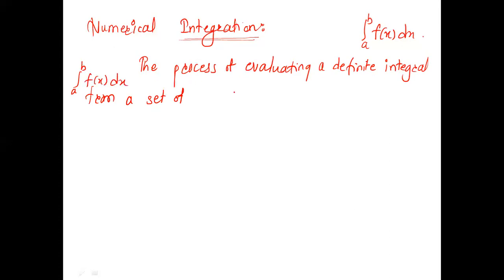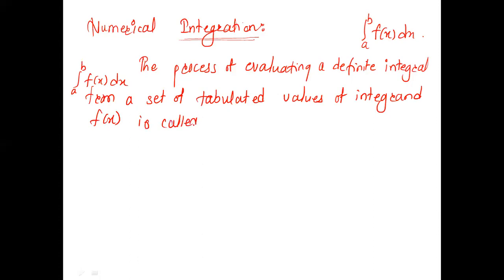The process of evaluating a definite integral, integration of f of x dx from a to b, from a set of tabulated values of the integrand f of x is called numerical integration. So we are finding the value of the integration, but by using some tabulated values, not using actual integration.